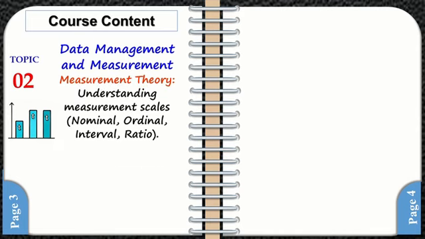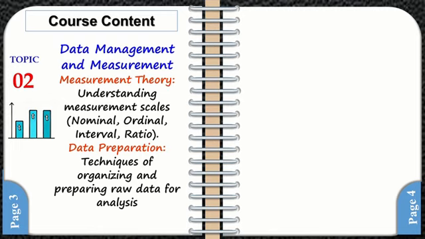Topic number 2, data management and measurement. In data management and measurement, we have several subtopics. The first subtopic is measurement theory. This will enable us to understand measurement scales, and therefore the nominal, ordinal, interval, and ratio scales used in research.